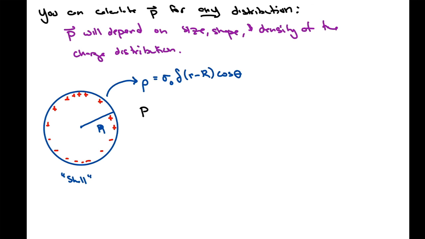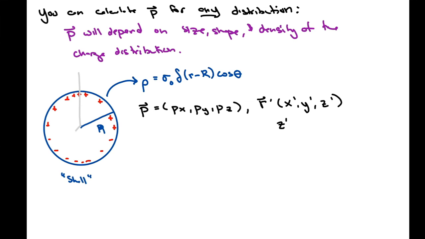Okay, so I can write the dipole moment in terms of its three components. It's a vector, so it's got components in the x, y, and z direction. Similarly, our r prime vector also has components in the x, y, and z direction. And for a standard coordinate system here, spherical coordinates, this is x, y, and z.